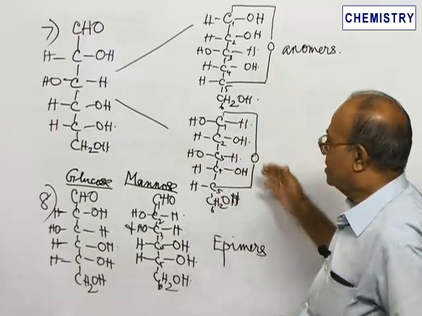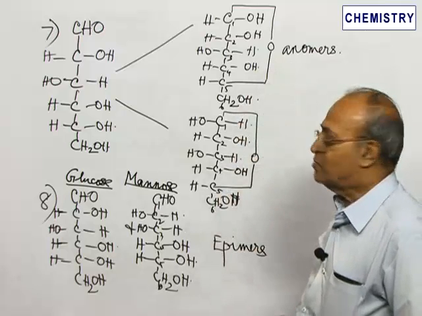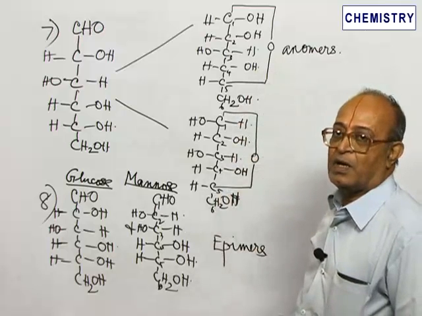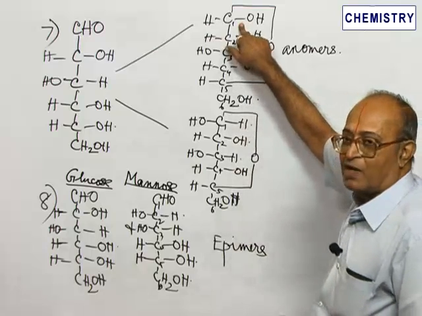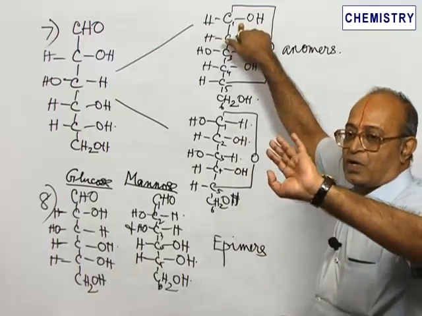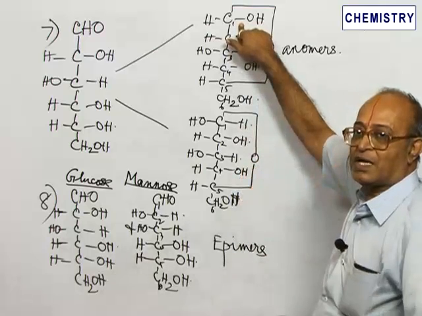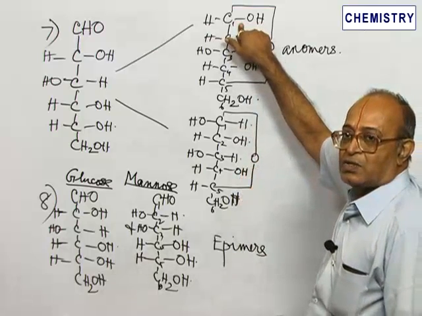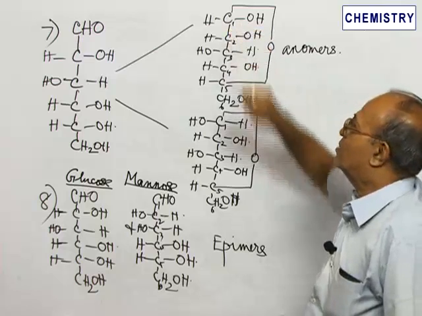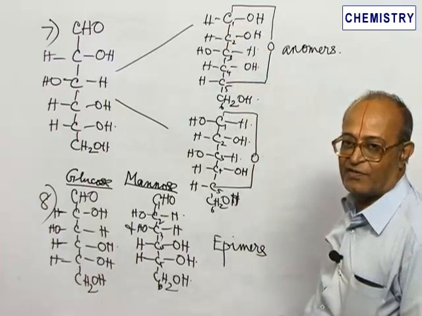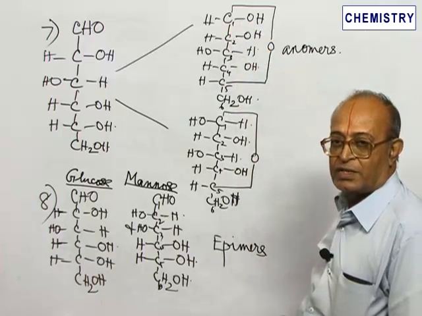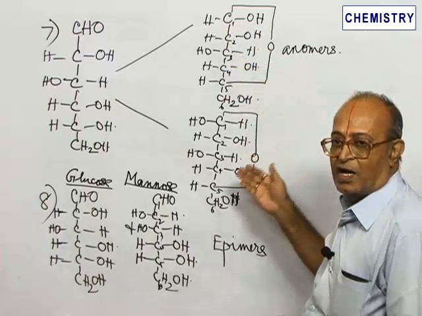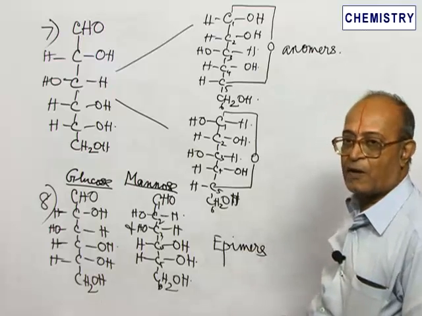Alpha and beta forms of glucose differ as far as the configuration around carbon number 1 is concerned. So if the configuration around carbon number 1 is different, we call them anomers, as in the case of alpha and beta forms of glucose.